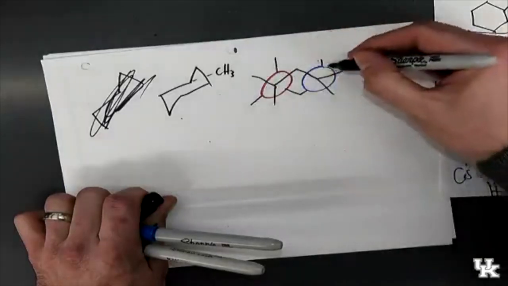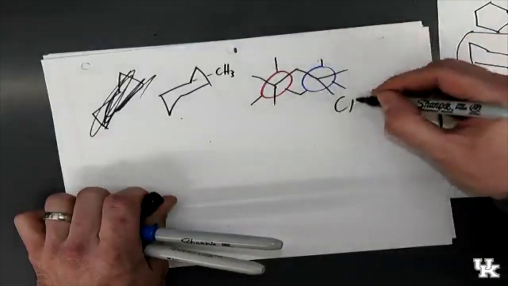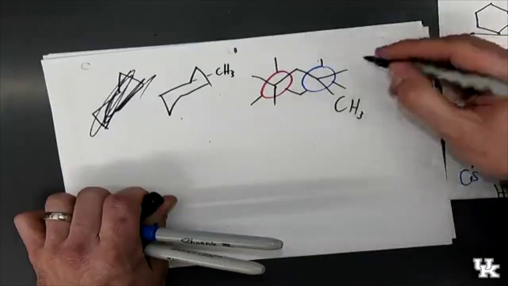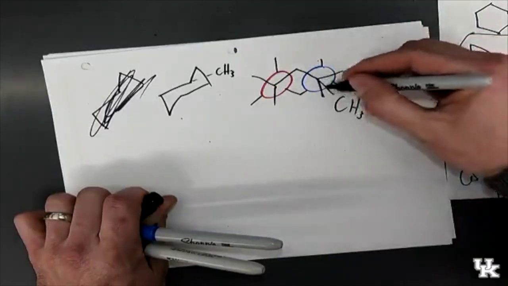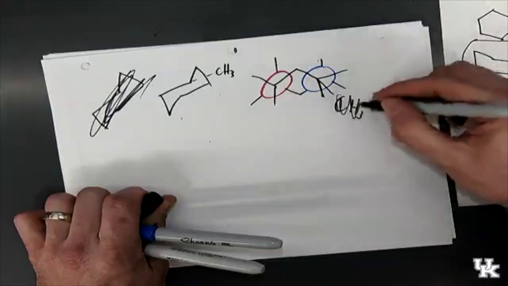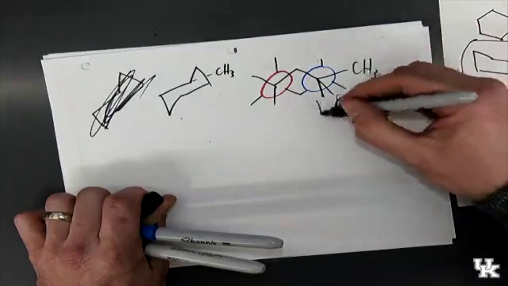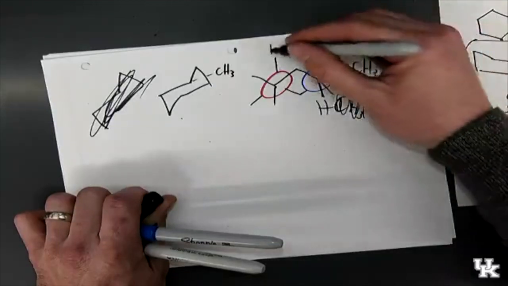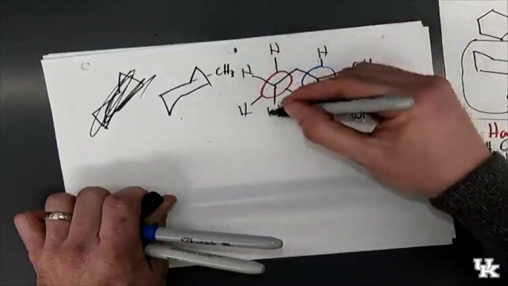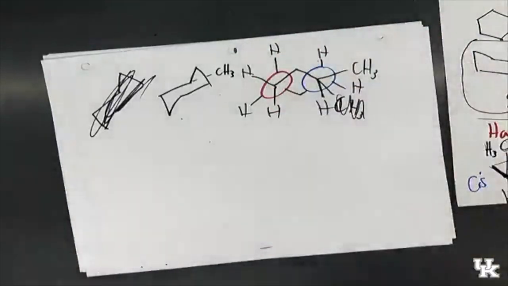There we go. That feels much better. So that's actually CH3. It should be up here. Where's my head at? I cannot get it together. There we go. Okay. So that should be the staggered version of the same cyclohexane.